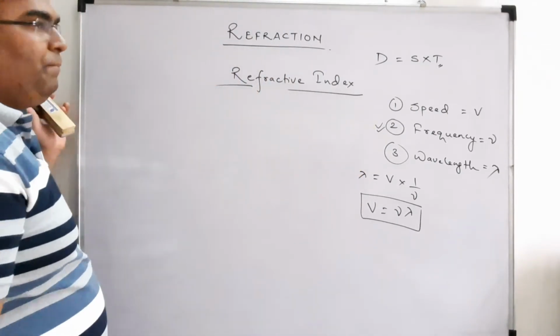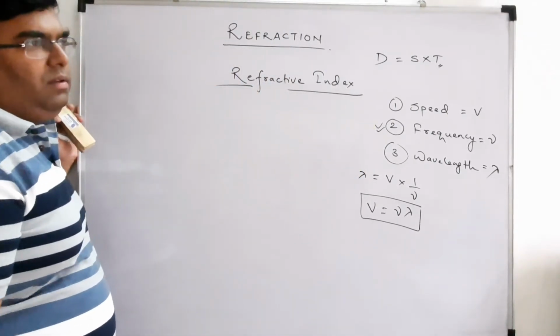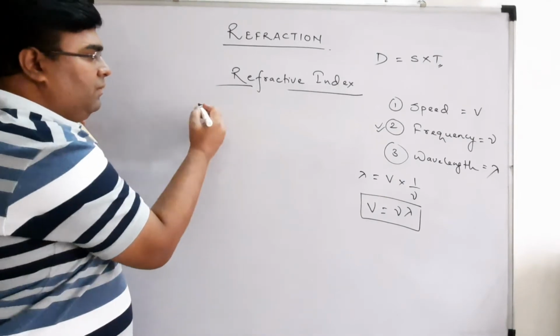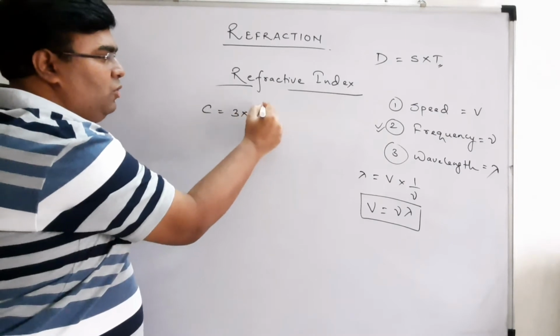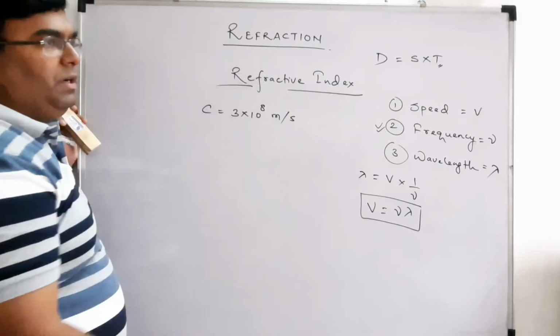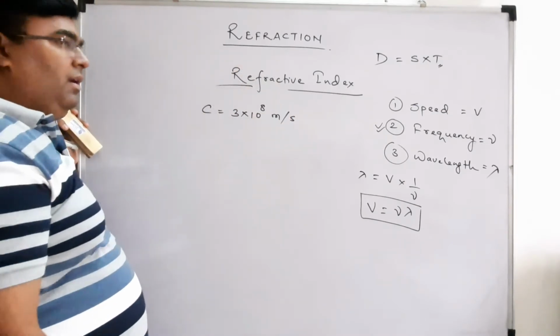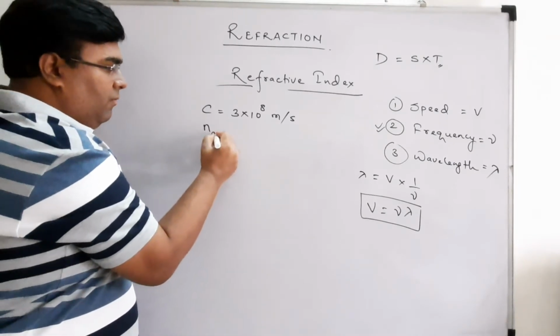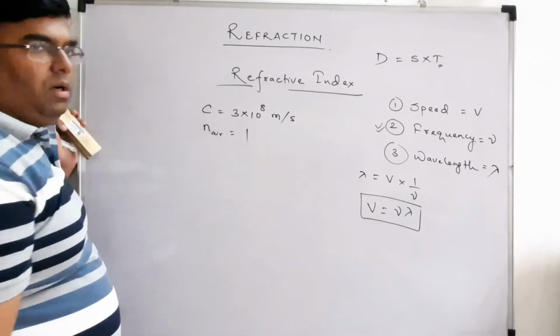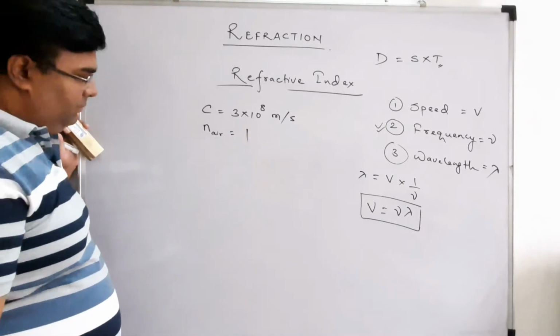speed. We know that the speed of light in air is denoted as c, which is 3 into 10 raised to 8 meter per second, right? And we also know that the refractive index of air is 1, correct?